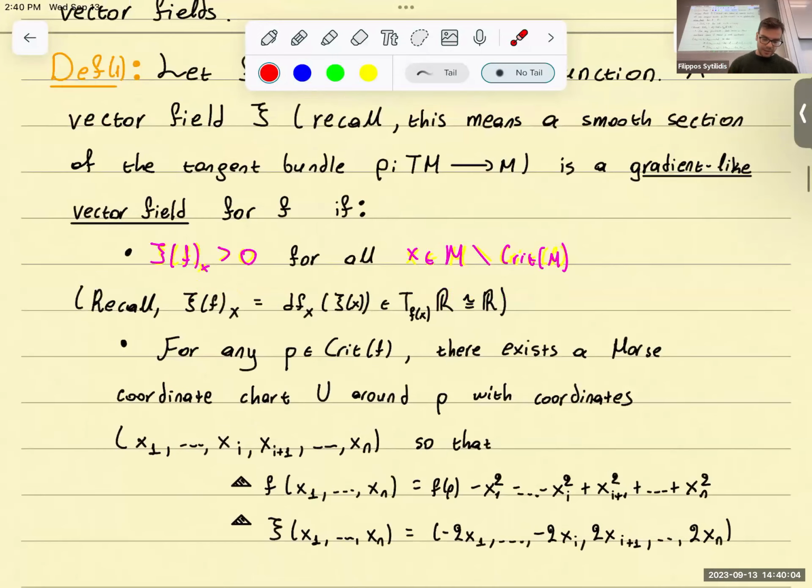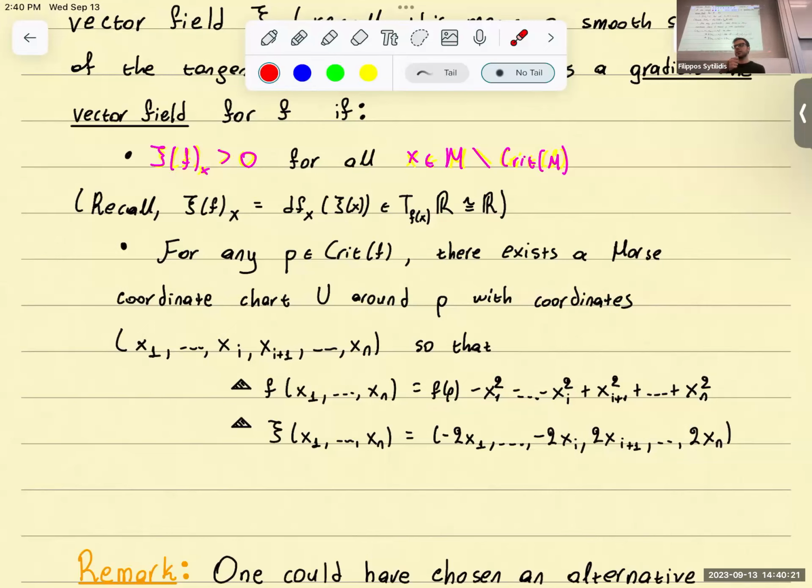So that's one requirement. The other requirement is that if P is a critical point, then there exists a Morse coordinate chart around P. That's what's given to us by the Morse lemma. And in those coordinates, we want to take the gradient of this quadratic function with respect to the standard Euclidean metric.